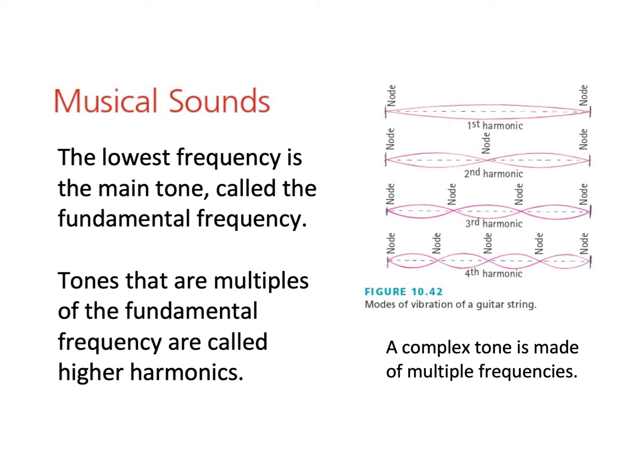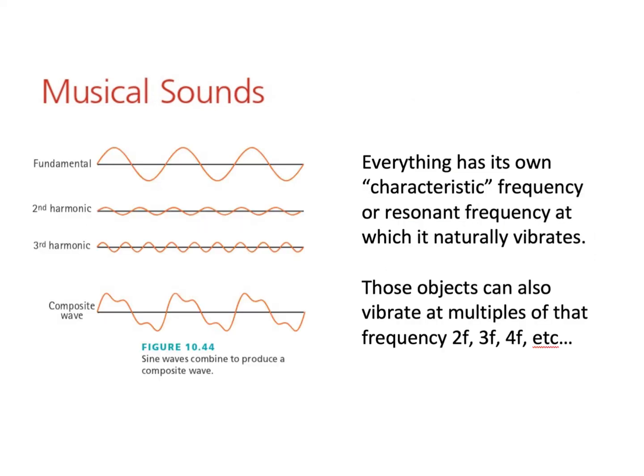The thing is, I don't know what the exact combinations are for different instruments, but each instrument has its own combination of this much fundamental plus this much second harmonic plus this much third harmonic and so on. And that's what gives each instrument its unique sound, its unique quality of sound. And incidentally, the musical term for that is timbre. The timbre of the instrument is basically describing how these harmonics are combining.